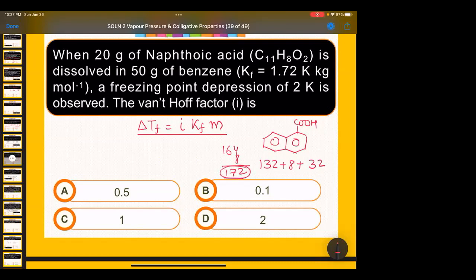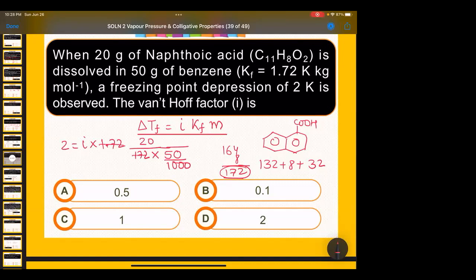So how many moles did you take? Delta TF, the freezing point depression, is 2, equal to i into KF. KF is 1.72, into molality: 20 divided by molar mass 172, into 1000 divided by 50 gram of benzene. You need to take the mass of the solvent to calculate molality.